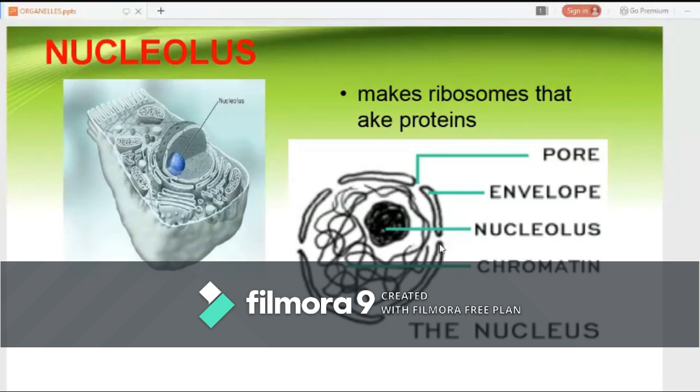The darkly stained area within the nucleus is the nucleolus, which aggregates the ribosomal RNA with ribosomal proteins to assemble the ribosomal subunits that are transported out through the pores in the nuclear envelope to the cytoplasm. The nucleolus is considered a ribosome production factory.